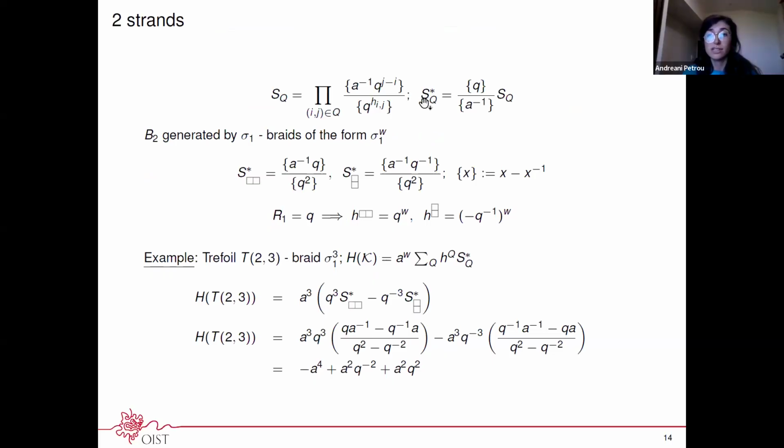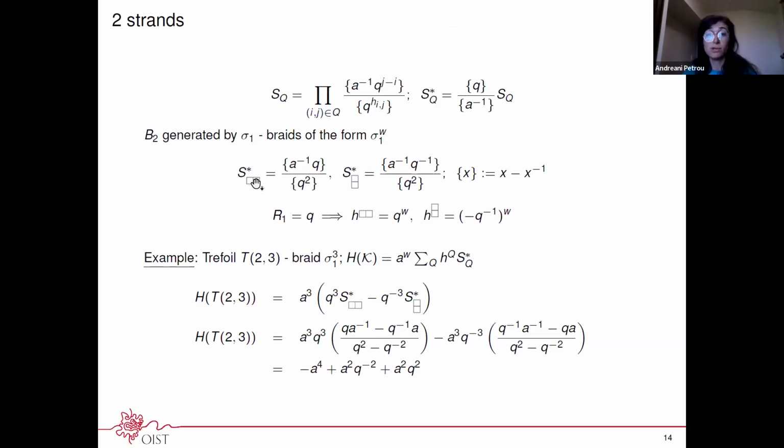So let us consider a normalized version of the Schur functions, which just cancels some of the factors. And then for two strands, we have the B2 group generated by just one element. So the braids will be of this form, sigma_1 to some power, which will be equal to the writhe.